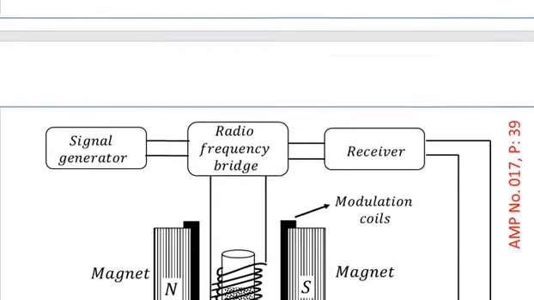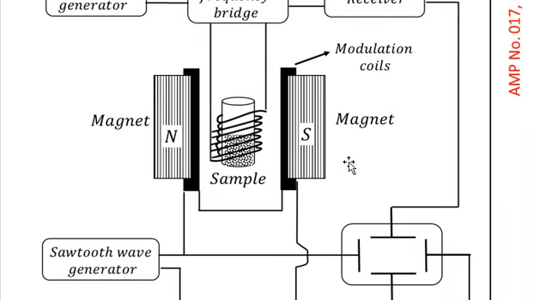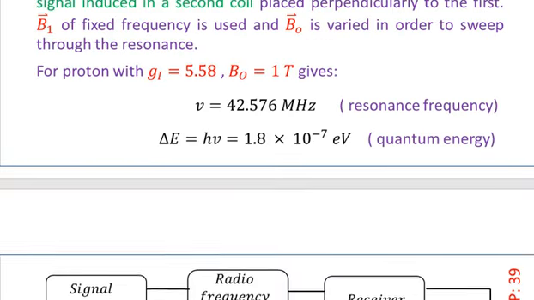But the second option is that you can use another coil close to the sample with this existing coil, but oriented opposite in polarity, opposite in direction. Then when the field is absorbed by the sample, then due to the induction process, the other coil which is placed close to the coil wound around the sample will be induced with some change in magnetic field, and then of course the resonance condition can also be measured.